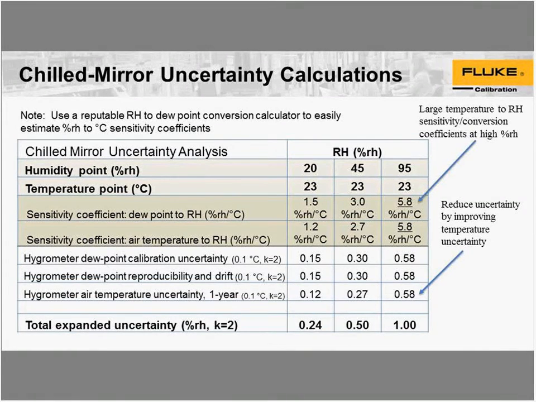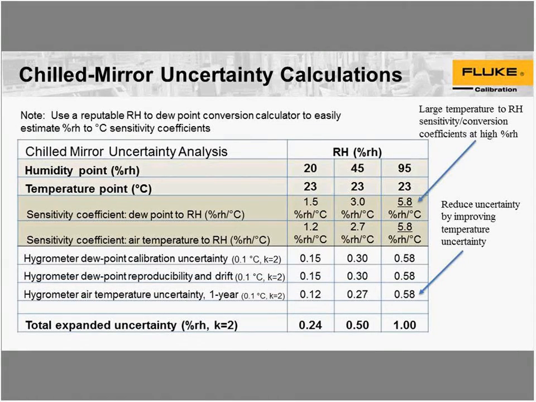And then the other part of the chilled mirror is they always have a temperature sensor attached to them, so that you can measure the temperature of the air that's being passed over the mirror, because you have to have that value to be able to eventually calculate percent RH. And same thing, we have to convert that air temperature sensor uncertainty over to a percent RH.